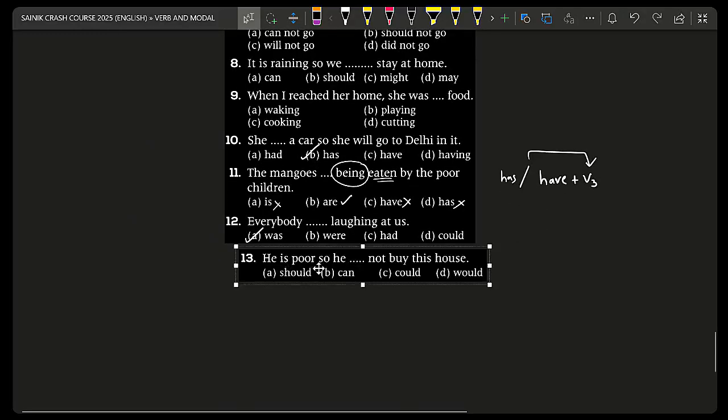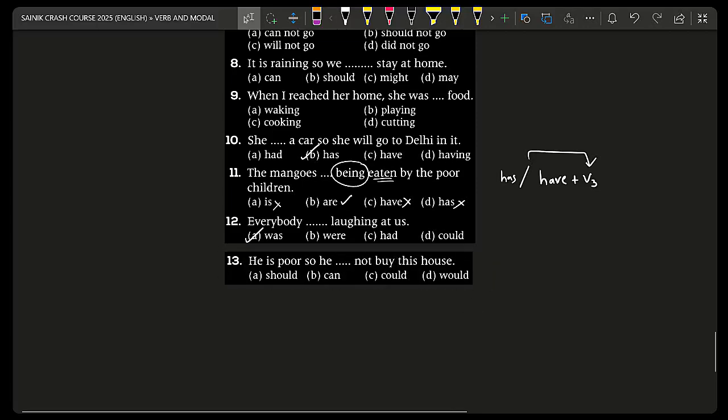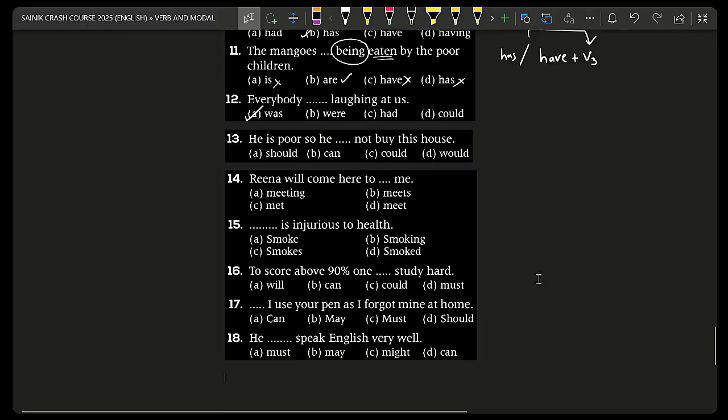He is poor, so he dash not buy this house.